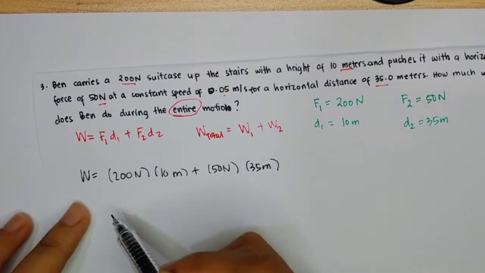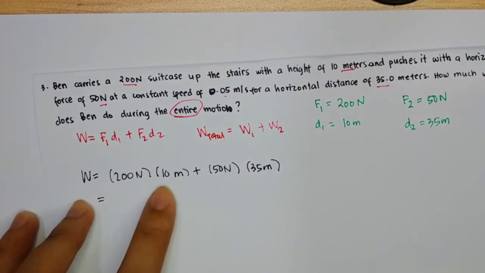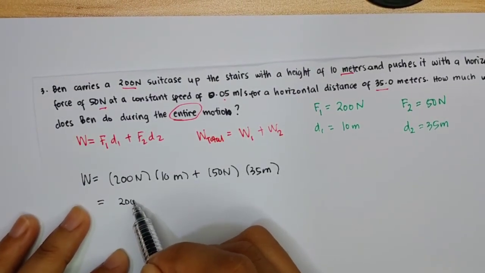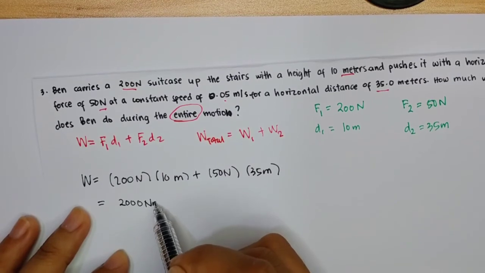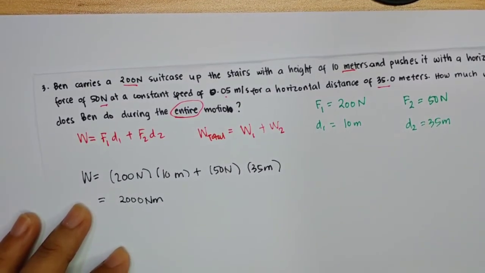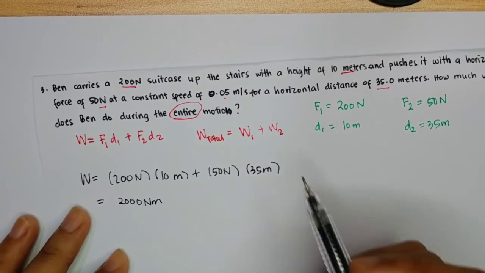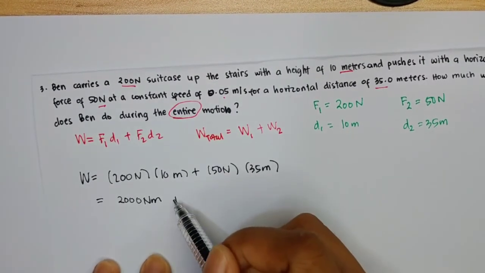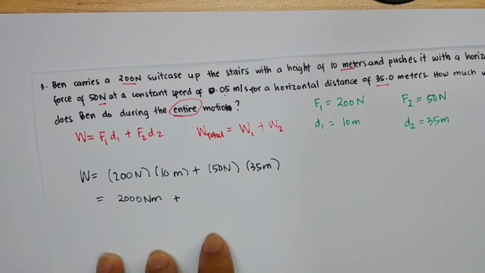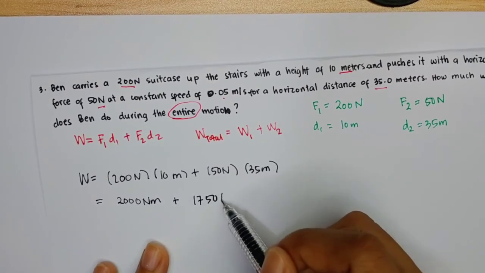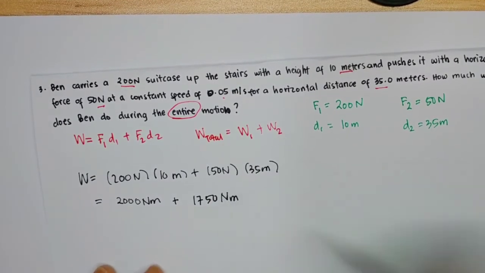So this is 200 times 10, that is 2,000 Newton meter plus 50 times 35, that is 1,750 Newton meter.